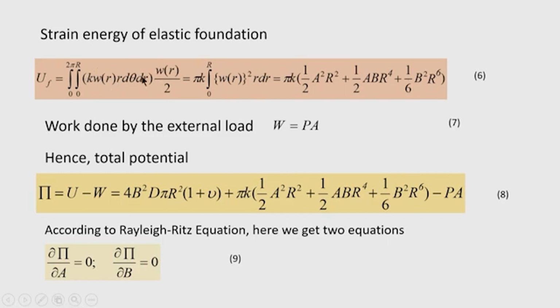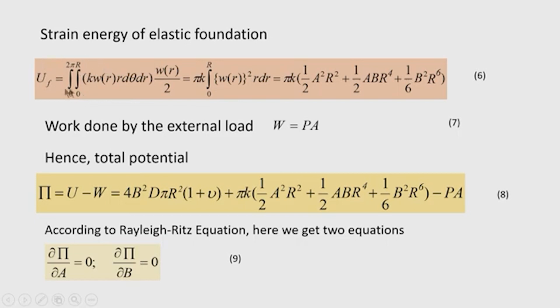So, spring force multiplied by deflection, and as it is average, we take a factor half, and then integrate with respect to d r and d theta. The theta integration limit is 0 to 2 pi, and the integration with respect to radial distance r has a lower limit of 0 and an upper limit of capital R.